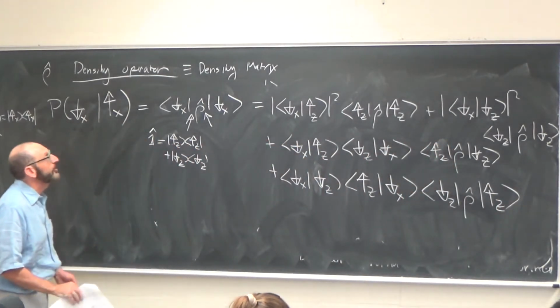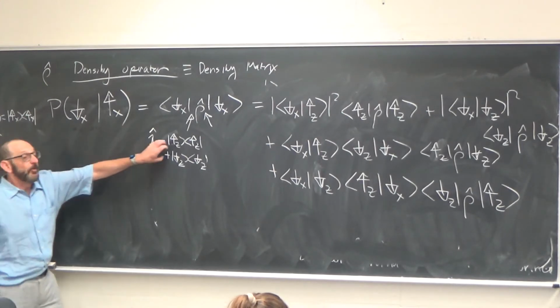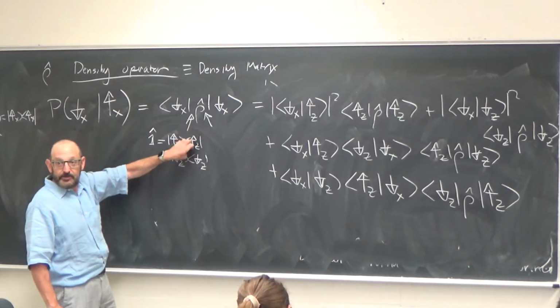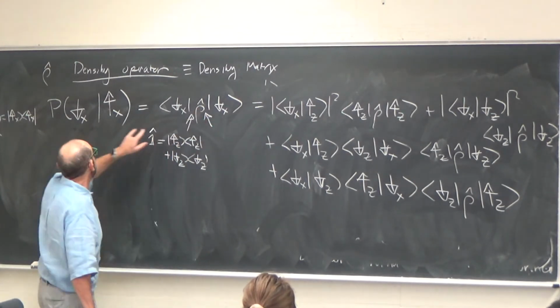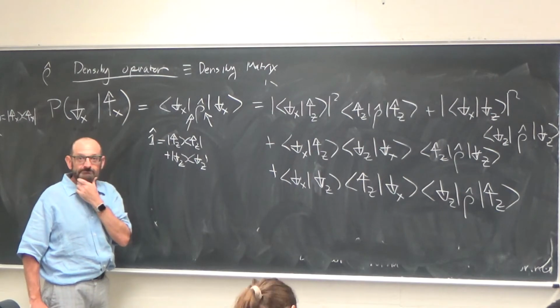Those are the four terms that occur by multiplying out. I'm going to have a half in each, and shoving in this row is a projector along X.